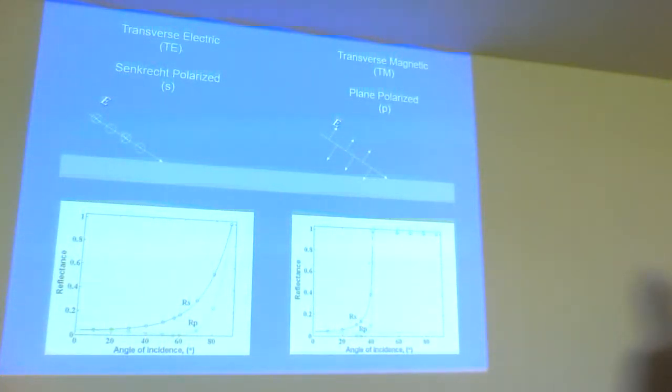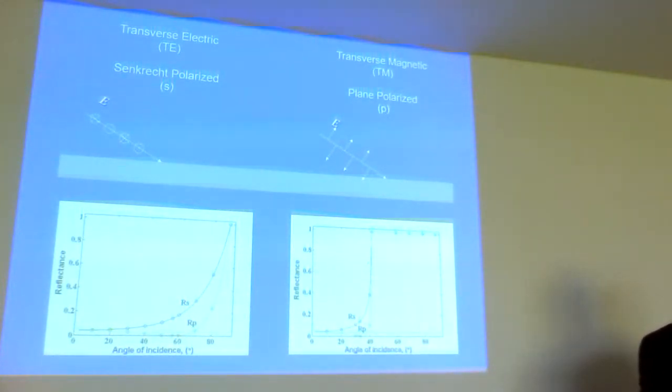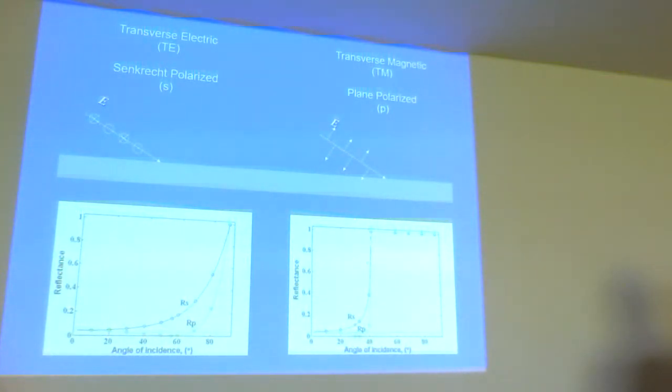When we consider the light in the Monte Carlo that I described earlier, we don't care about the polarization, and we use simply the Fresnel reflection coefficient, and we're able to count it based on the difference of refractive indices.